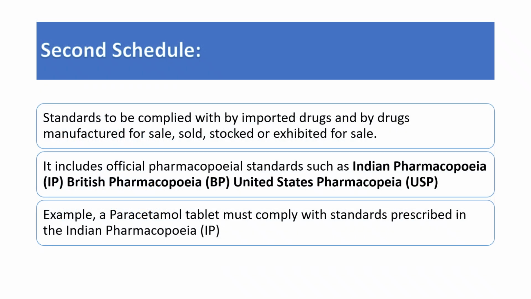So schedule second of the D&C Act: standards to be complied with. इसमें क्या आता है कि standards to be complied with by the imported drug or by the drug manufacturer for the sale, stock, or exhibit for sale.